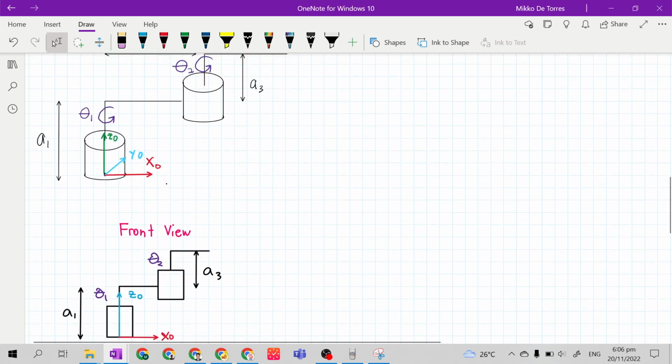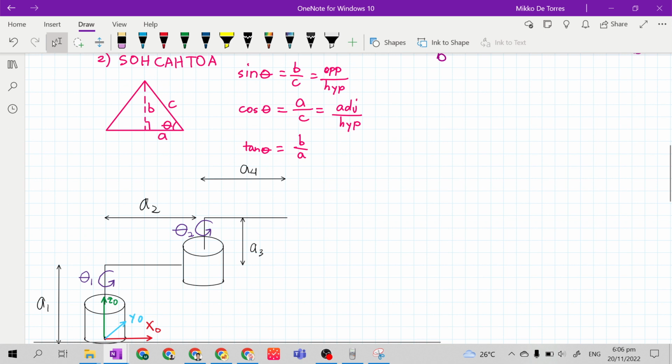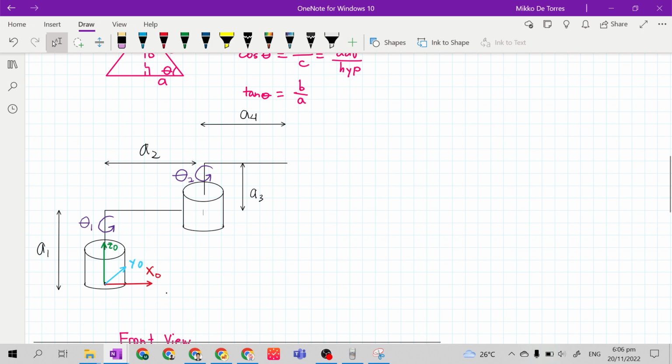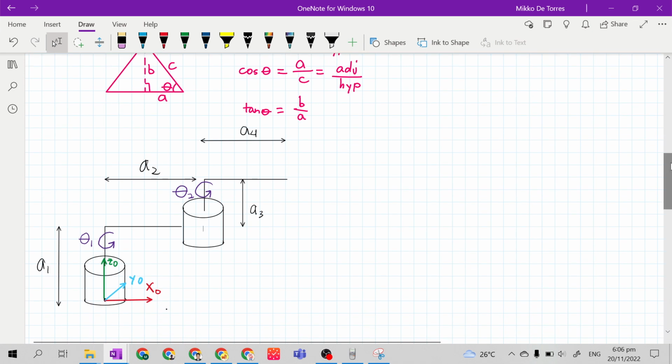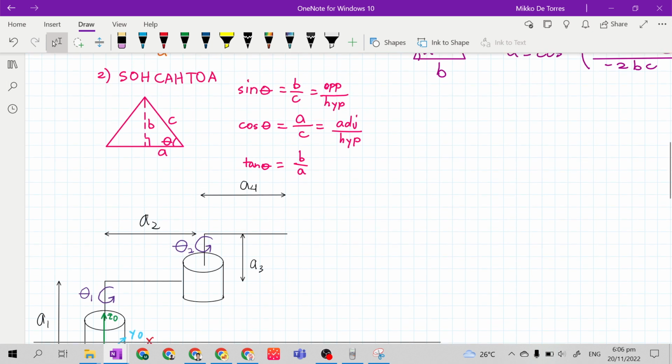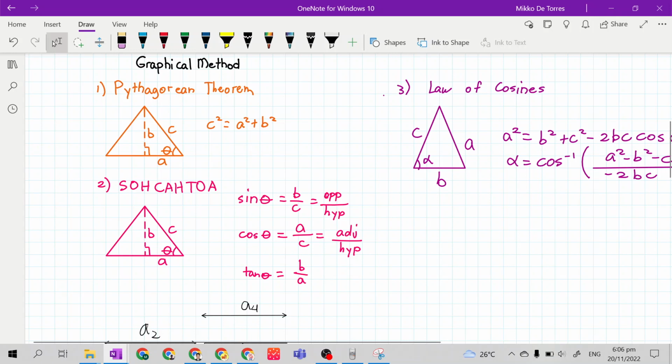It depends on your observation, and also on how you practice finding the solution for the inverse kinematics of your mechanical manipulator, because your goal here is to find triangles. You need to find triangles for your Pythagorean theorem, SOHCAHTOA, and law of cosines.